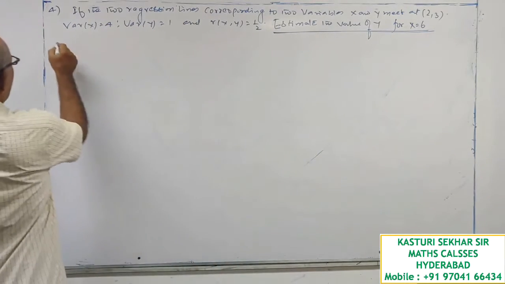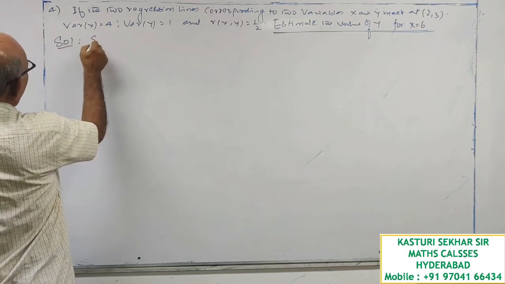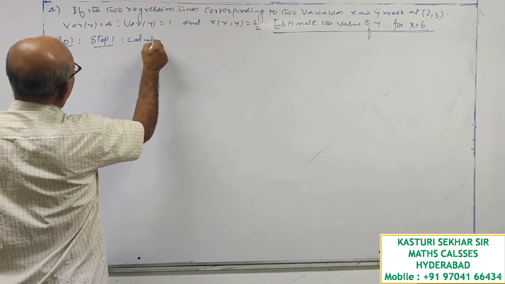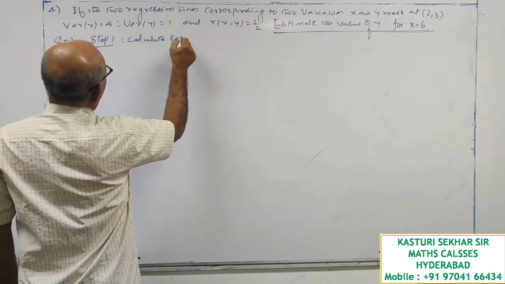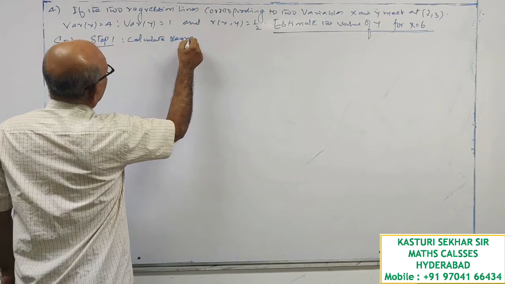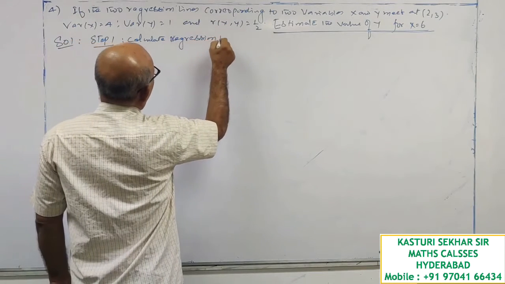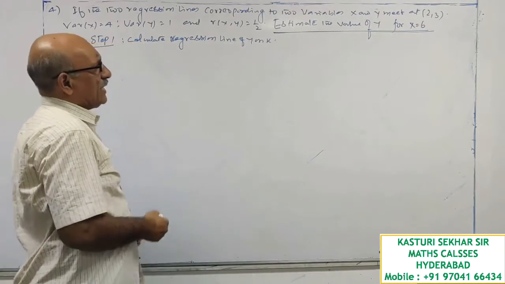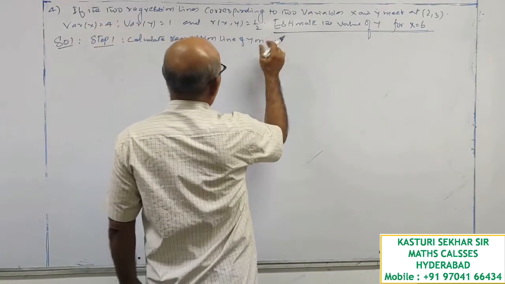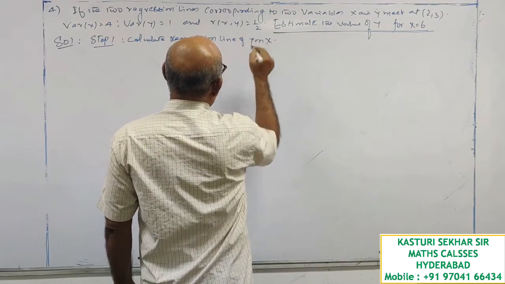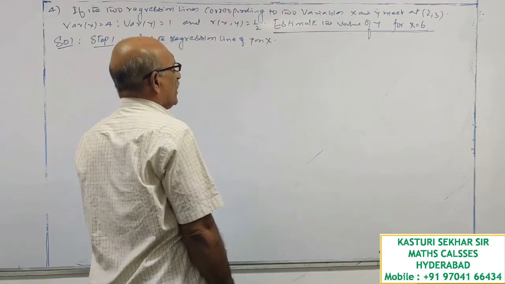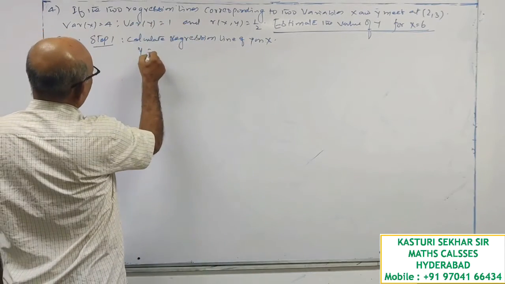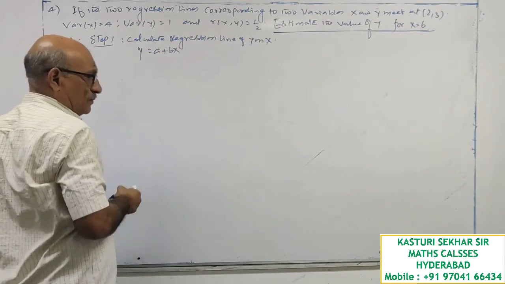So, step number 1, calculate the regression line of y on x. What is your regression line of y on x? y is equal to a plus bx.